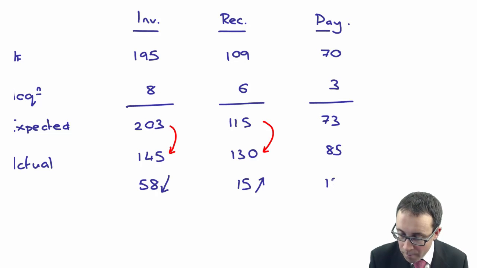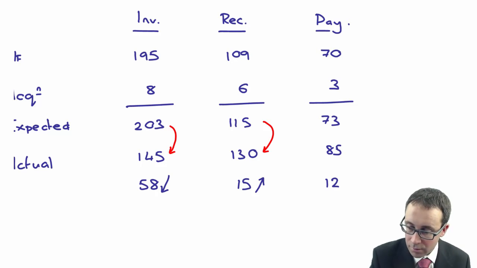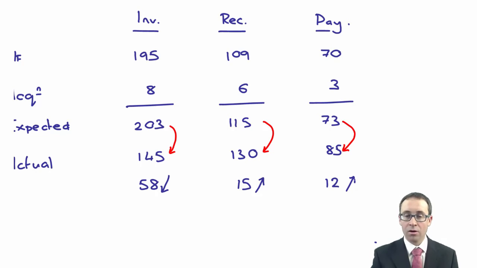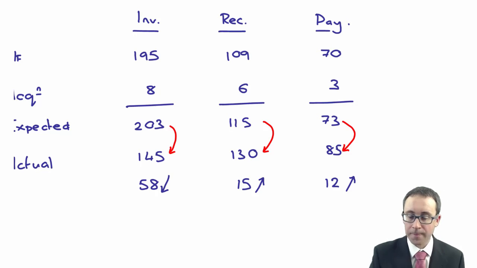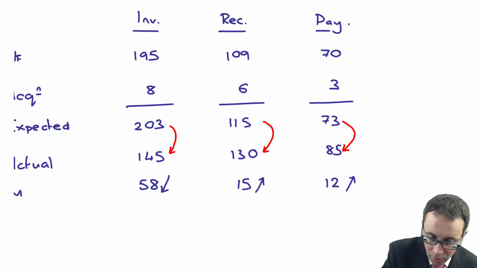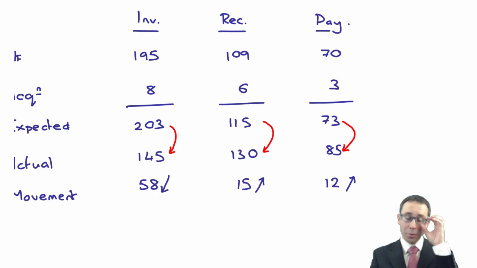And if you look at your payables, the difference is 12, and there is an increase, isn't there, on your payables. There we go. So that's going through there, isn't it? And looking at the movement. So work out the number and then think about the movement.